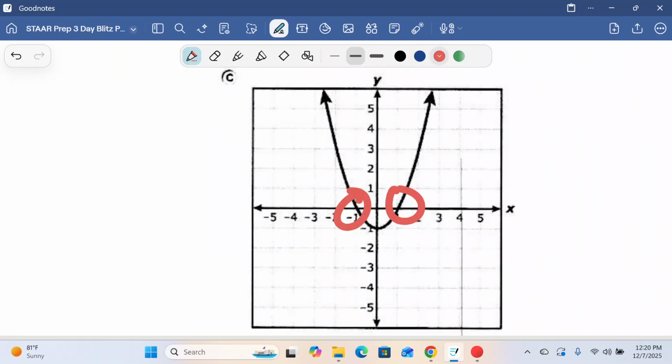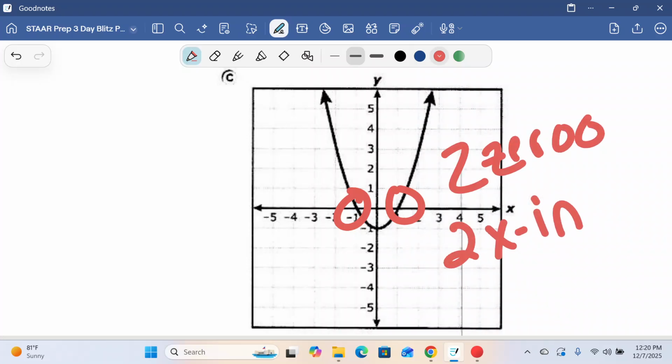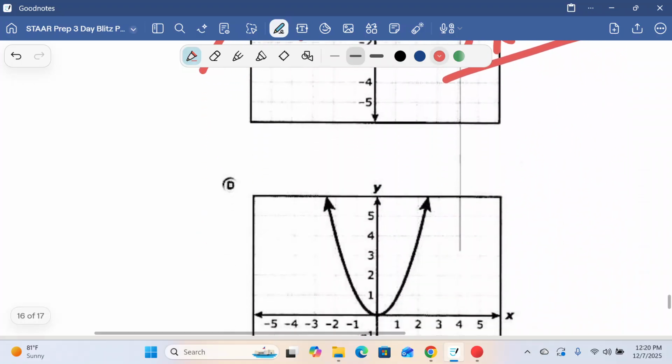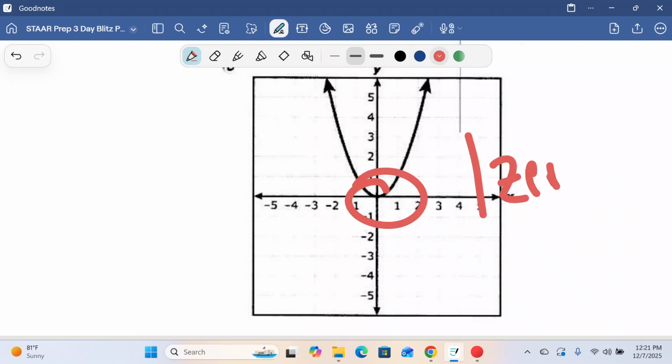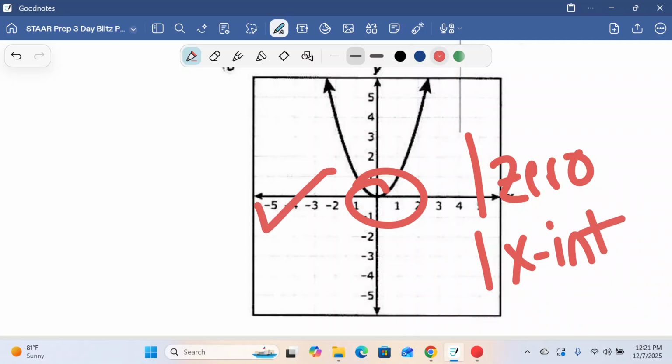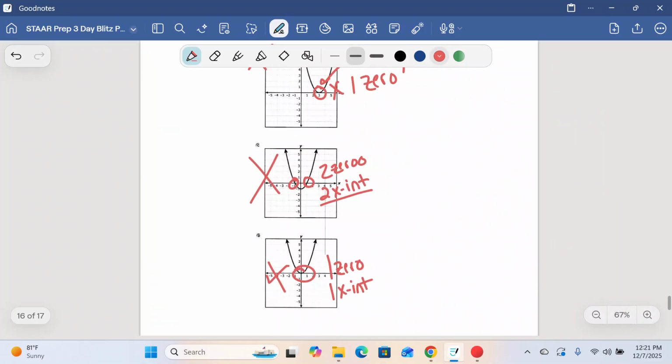That is false because it has 2 zeros, or 2 x-intercepts. So this one would be false. And the last one has only 1 zero, or 1 x-intercept. So this one would be false.